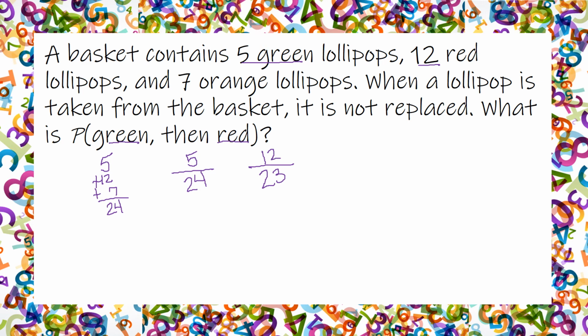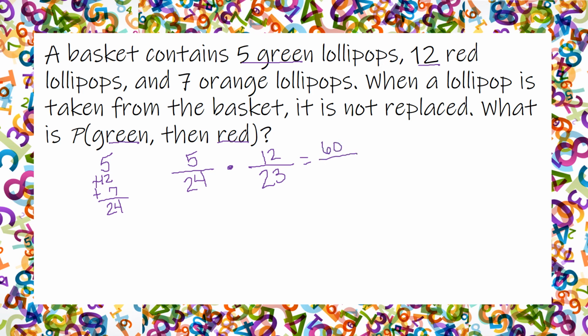Now those are two different probabilities, but we want to know the total probability, so I have to multiply those two together. So just like when you multiply fractions, you multiply across the top and then you multiply across the bottom. So when I multiply across the top, I've got 5 times 12. I get 60.